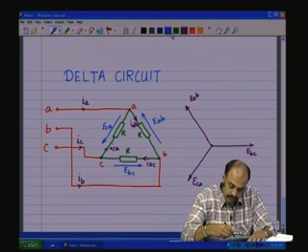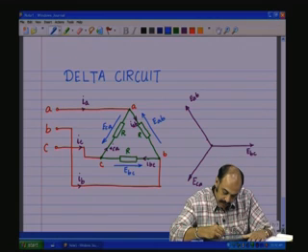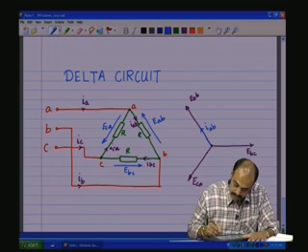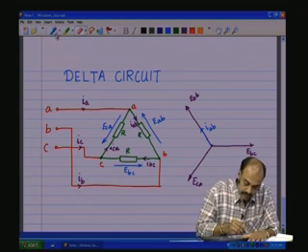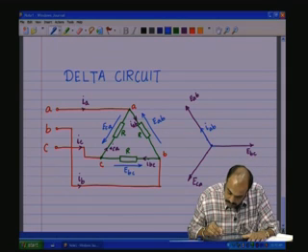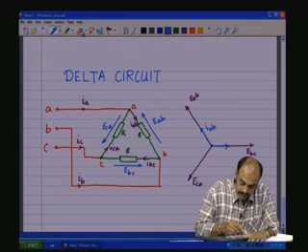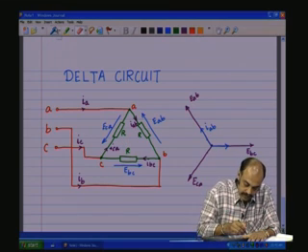So, therefore, the phase current IAB will be along EAB, IBC here will be along EBC, same amplitude because the load is the same, and then ICA, which is flowing in this direction here, will be along ECA.